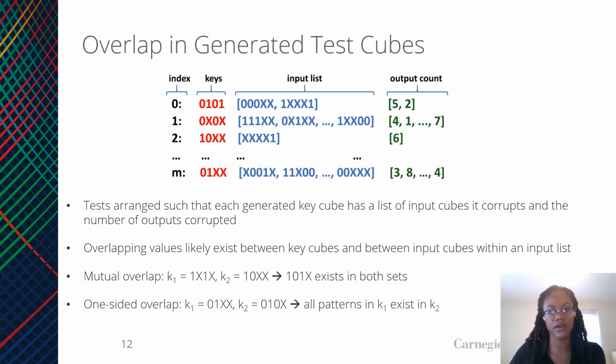First, there's mutual overlap, where the same value exists in both key sets. For example, if key 1 equals 1x1x and key 2 equals 10xx, then key 101x exists in both sets. Additionally, there is one-sided overlap: if key 1 equals 01xx and key 2 equals 010x, then all patterns in key 2 exist in key 1.